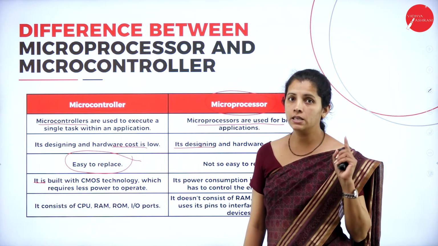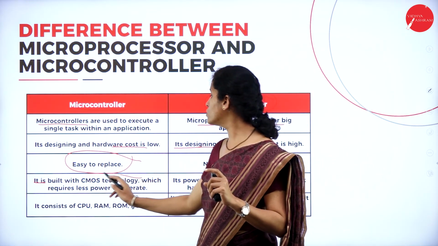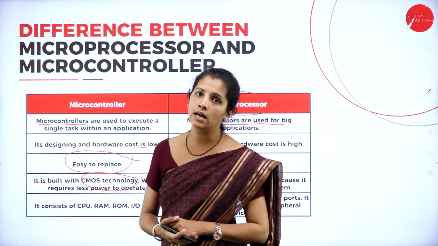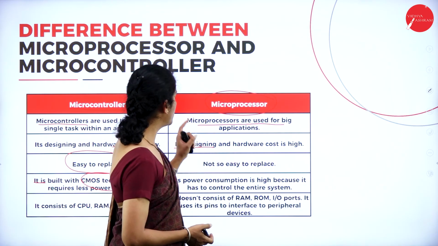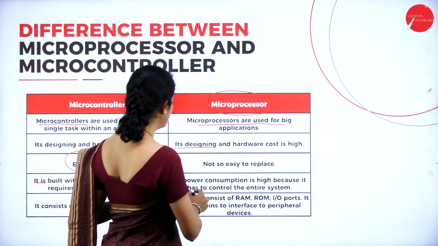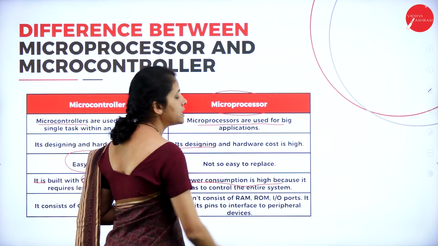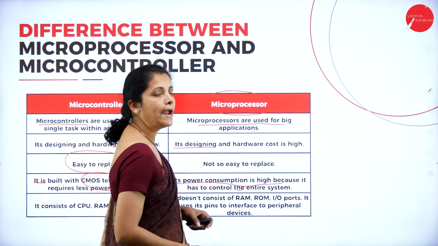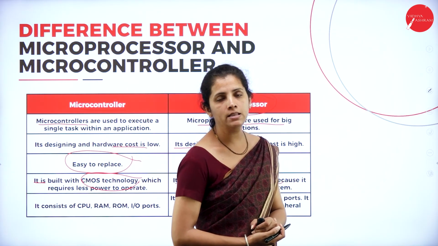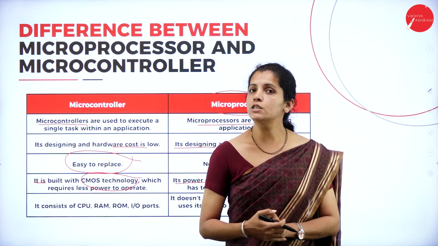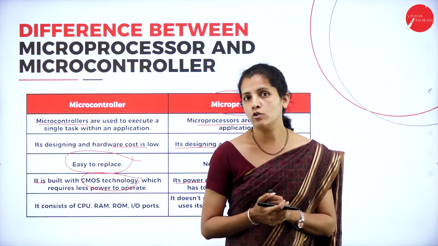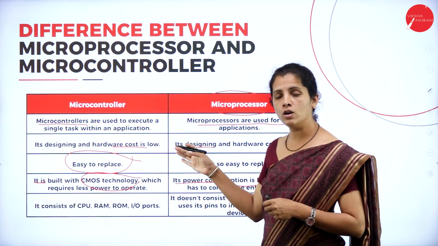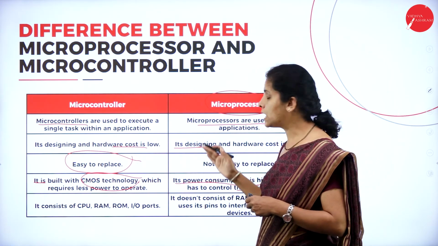I repeat, it is mainly built with CMOS technology, which requires very little power consumption. And a microprocessor's power consumption is high because it has to control the entire system. That means the power consumption is very high in a microprocessor with respect to a microcontroller because it has to control the entire computer system.